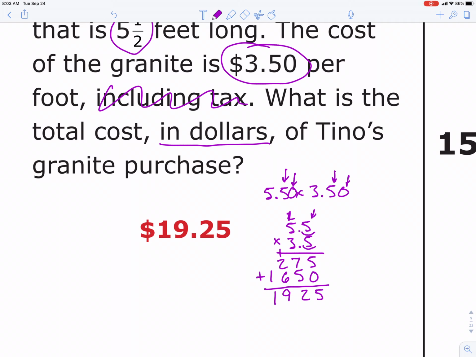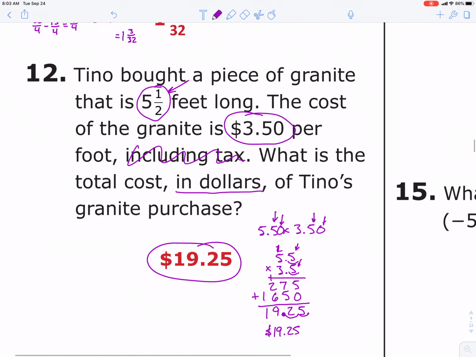There's a 5 and another 5. It doesn't matter what the number is. It just matters how many digits I have. Well, there's 2 digits. So that means I move over 2. So my decimal goes there. So I got to make sure there's 2 digits to the right of my decimal. And there is my answer. Matches $19.25.